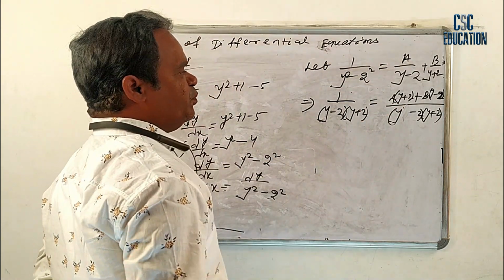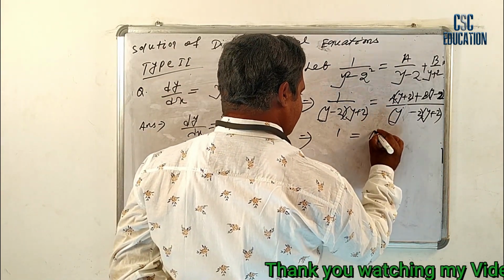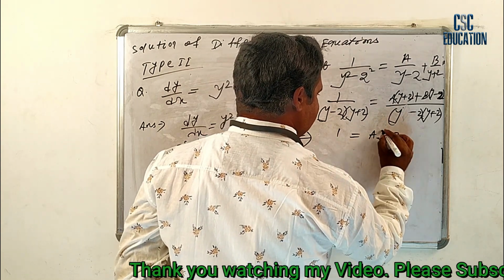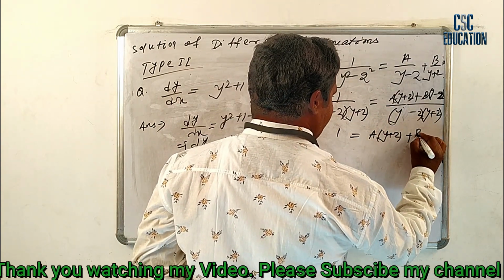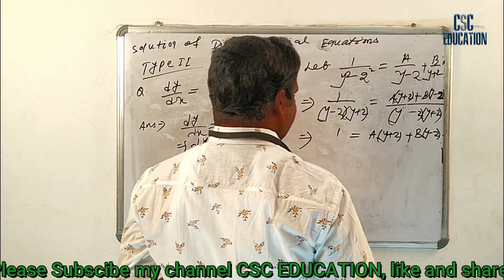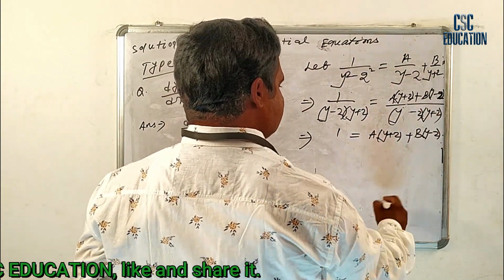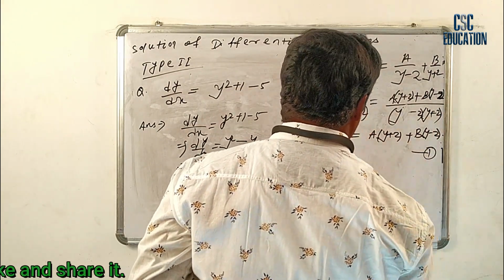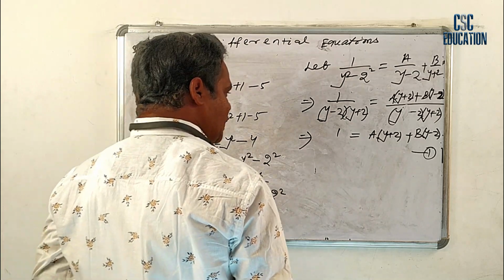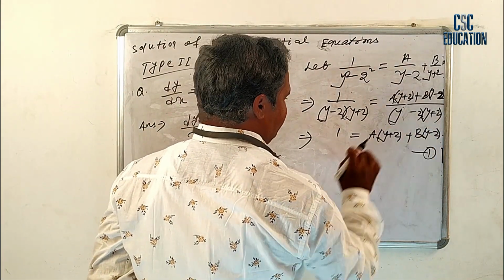Cancelling the denominators, 1 equals a of y plus 2 plus b of y minus 2. Now, this is equation number 1, and we have to find the values of a and b.